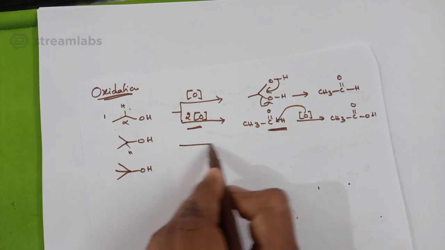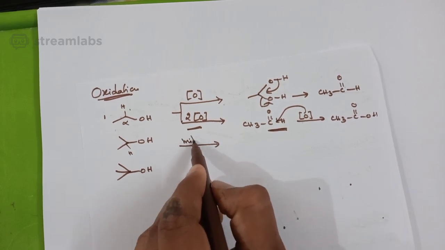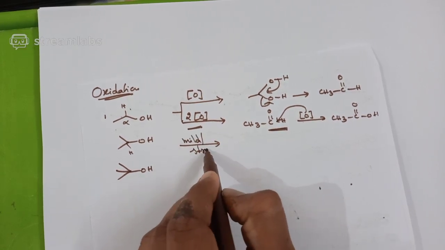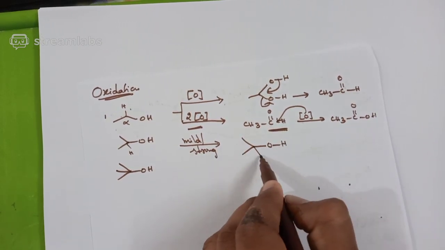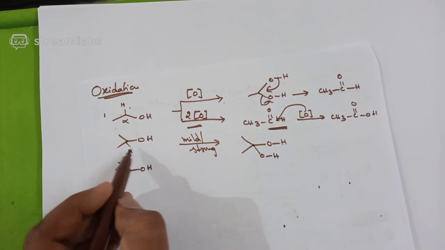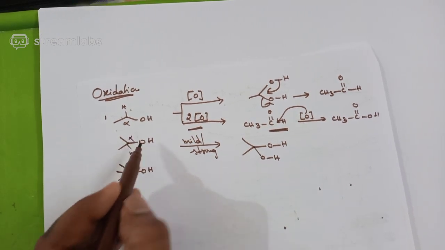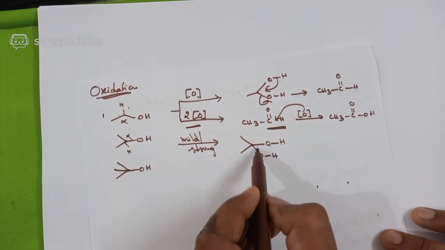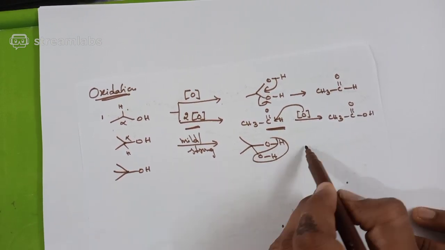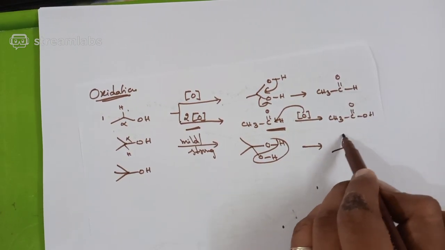For secondary alcohol, either mild or strong, it doesn't matter, because there is an OH group and an H here, and oxygen is inserted at alpha. Oxidation always takes place at alpha, that's the acidic hydrogen. Whenever the carbon has two OH groups, water is removed and it gives ketones.